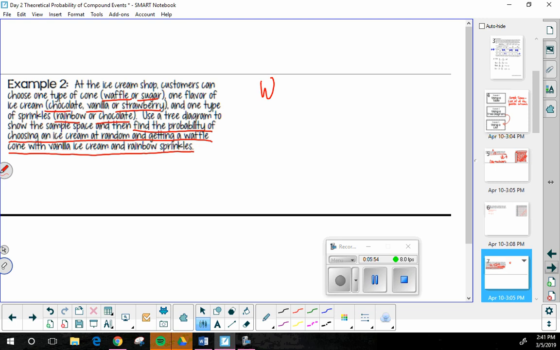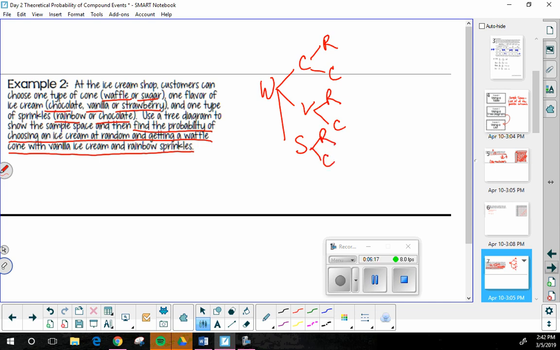All right, my ice cream could be chocolate, vanilla, or strawberry. And then on top of my ice cream, I could get rainbow sprinkles or chocolate. Rainbow or chocolate. Rainbow or chocolate.